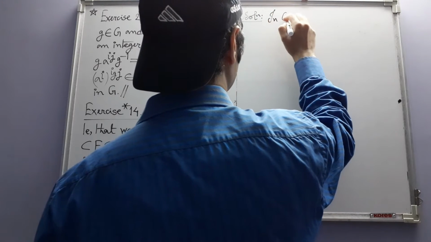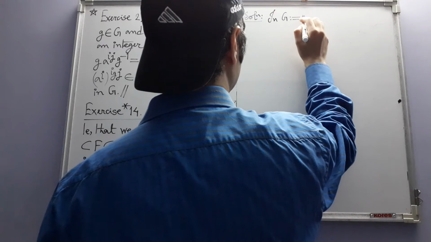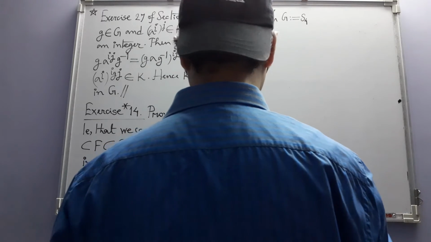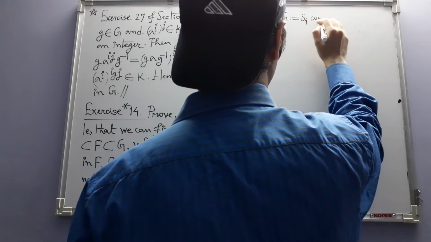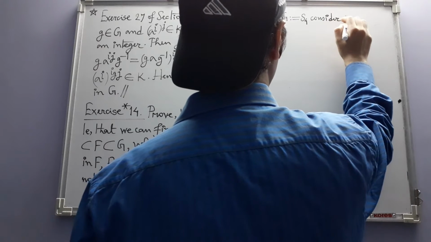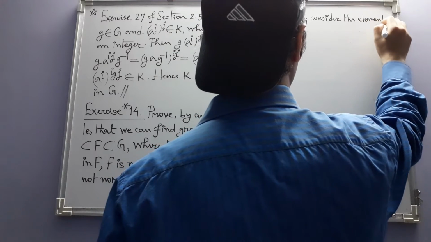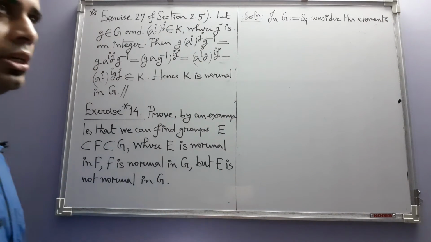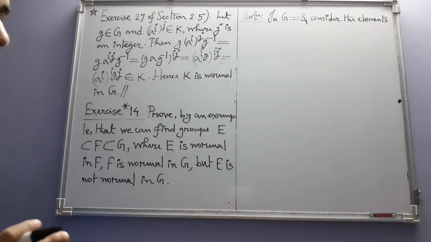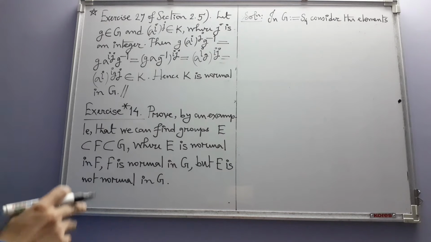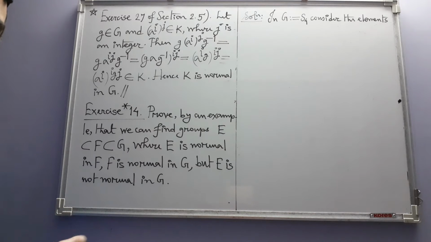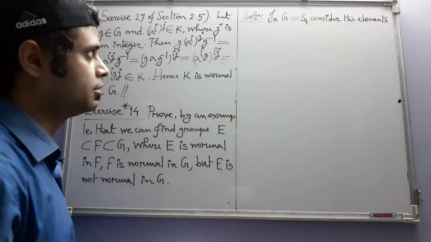In G equal to S4, consider the elements. S4 we already know. S4 is the symmetric group of degree 4, which is the group of all permutations on a set with 4 distinct elements with respect to composition of mappings as binary operation.